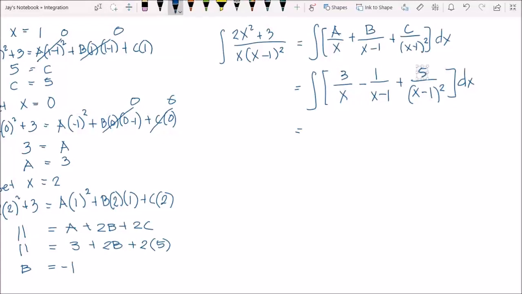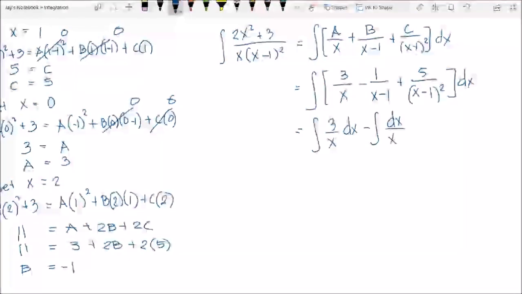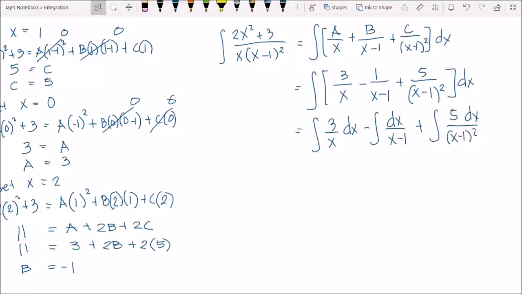We integrate separately: the integration of 3 over x dx, minus the integration of dx over x minus 1, plus the integration of 5 dx over x minus 1 squared. Okay, so let's take the constants out of the integration: that is 3 times the integration of 1 over x dx, minus the integration of dx over x minus 1, plus 5 times the integration of dx over x minus 1 squared.